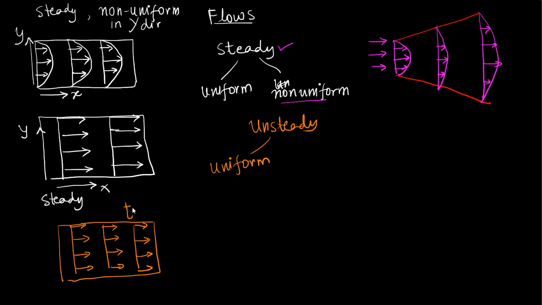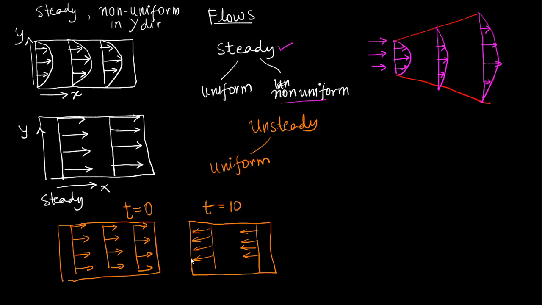If this is the snapshot at t equal to 0, at some other time instant, I can have a reversal of the velocity such that all the velocity magnitudes are uniform over the space and they point in the same direction. So at t equal to 0 and t equal to 10, suppose the velocity is still uniform, but the direction has changed. It has gone from pointing towards the right to pointing towards the left, and so this is a case of unsteady flow but a flow which is uniform.